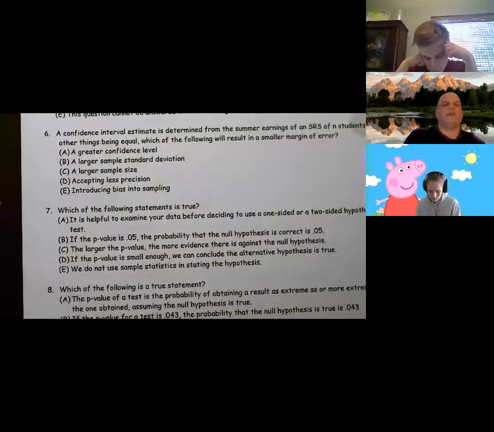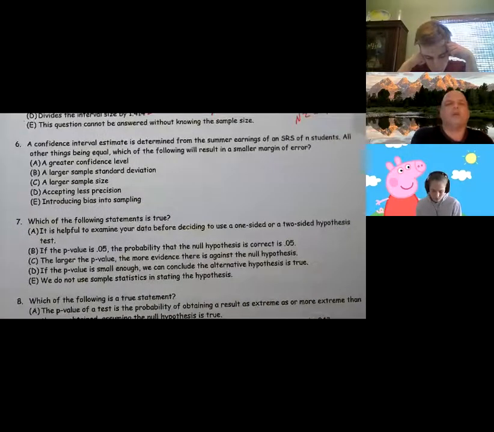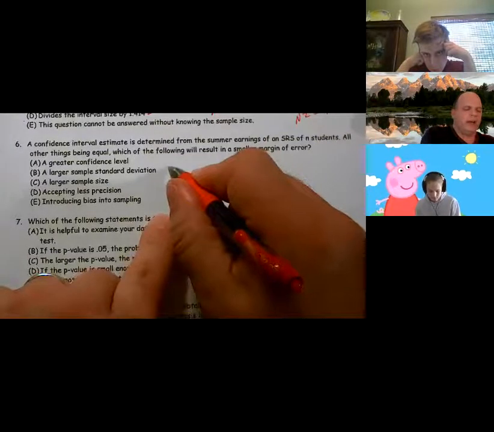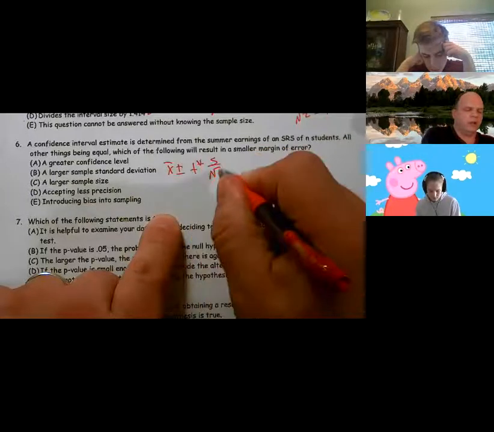A confidence interval estimate is determined from the summer earnings of a simple random sample of n students. All other things being equal, which of the following will result in a smaller margin of error? So let's talk about margin of error. First off, x bar plus or minus t star s divided by square root of n.